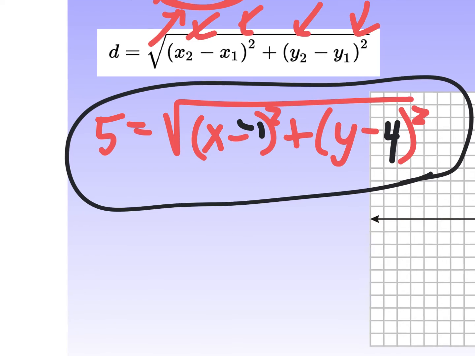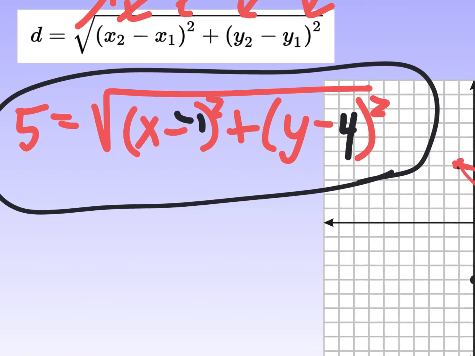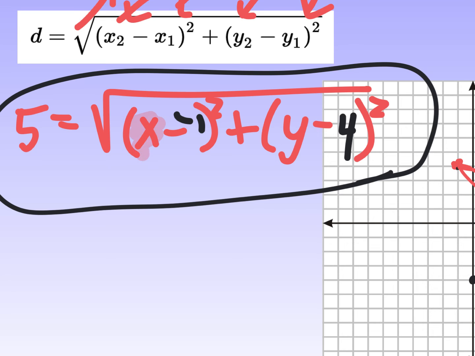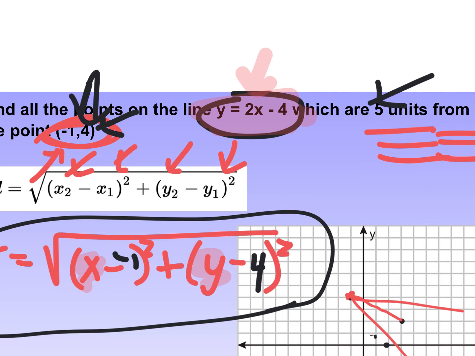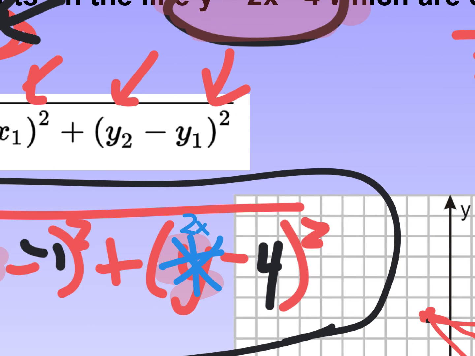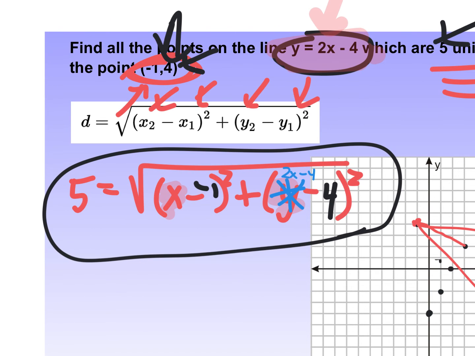Look, I have an X and I have a Y. It's the only places I could put things. See, I have an X here and I have a Y here. It says that Y is 2X minus 4. I'm going to replace this y right here with, what do you think? 2x minus 4.